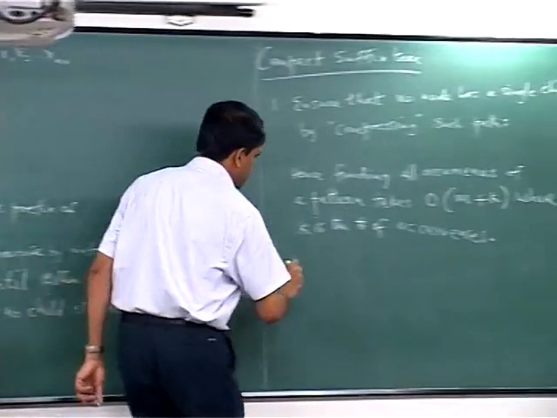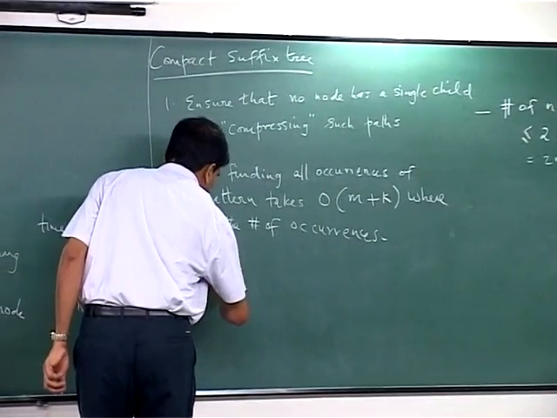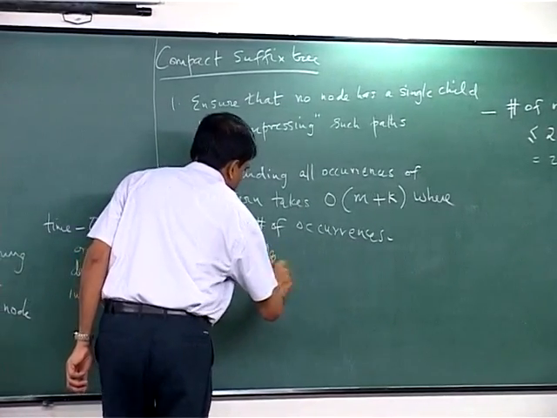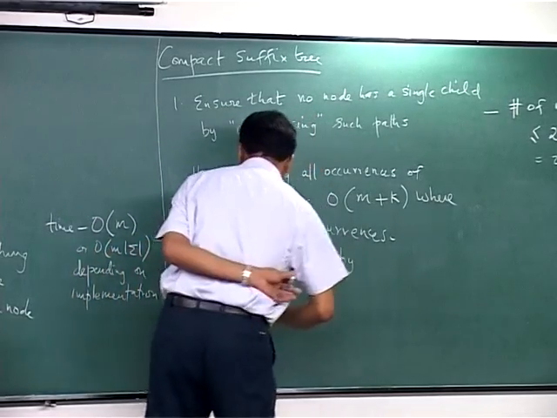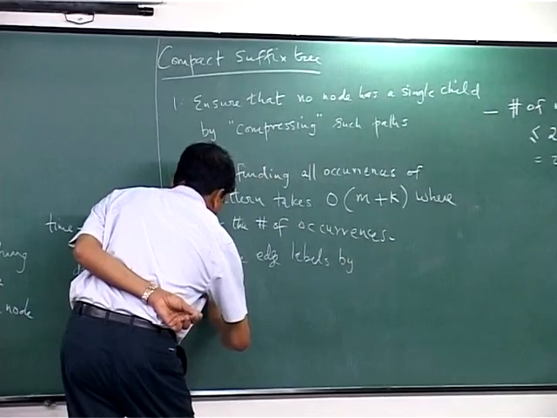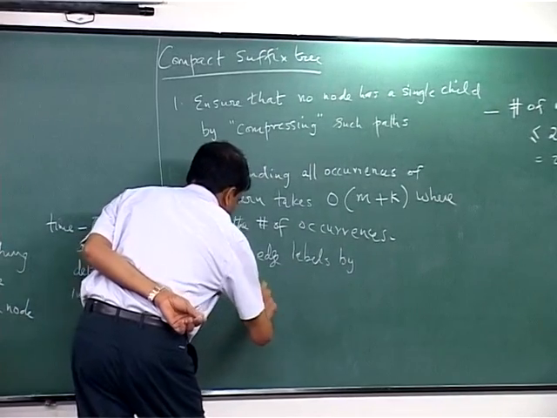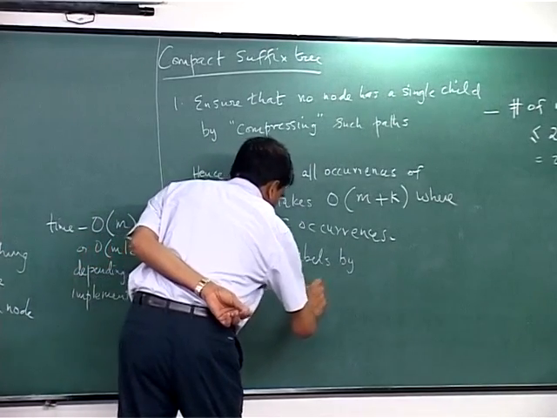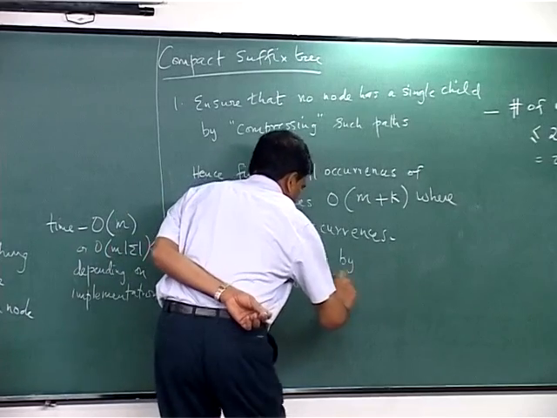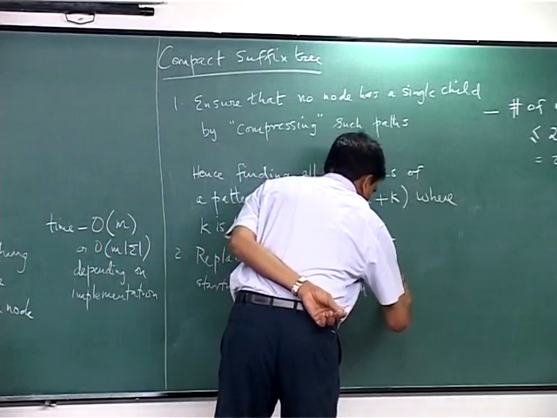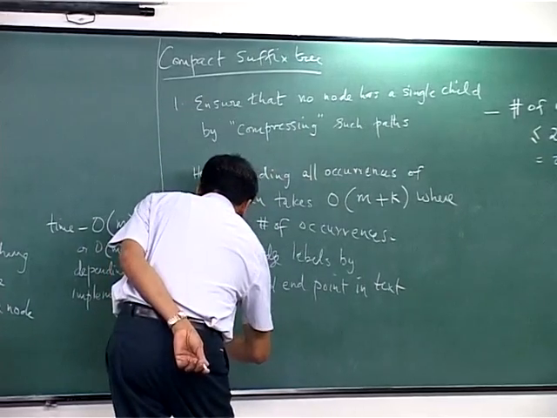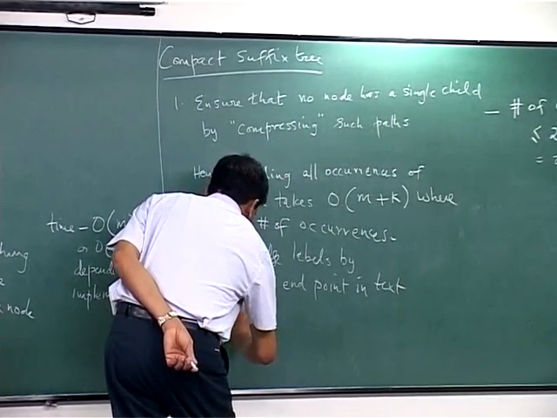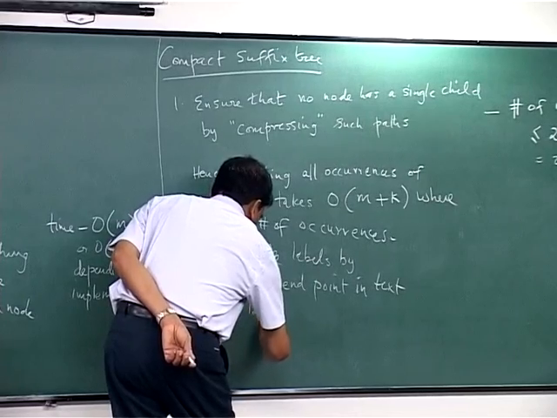So replace edge labels by the starting and end point in the text of this label, which is a substring.